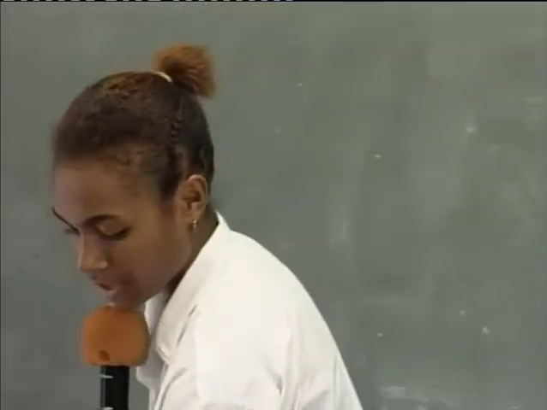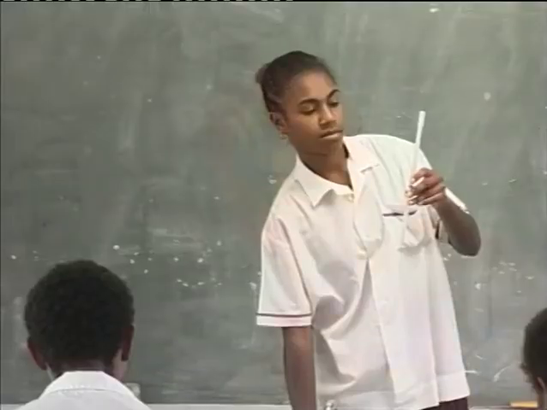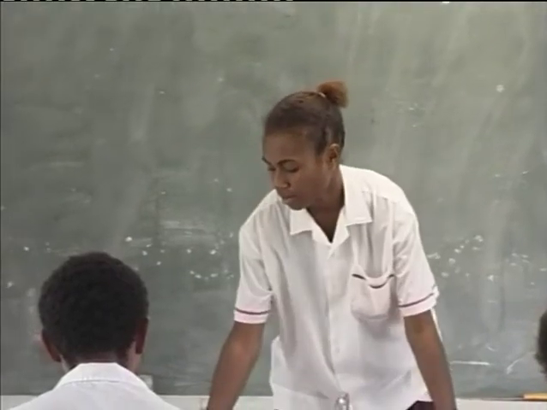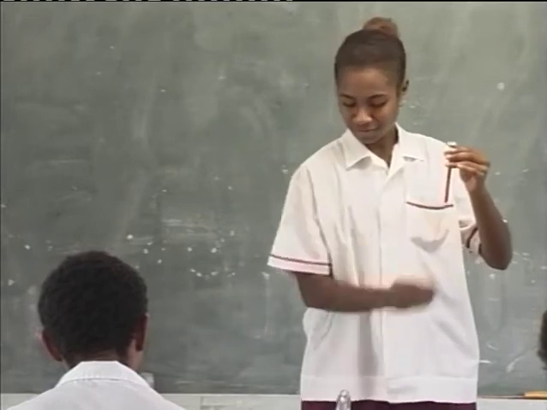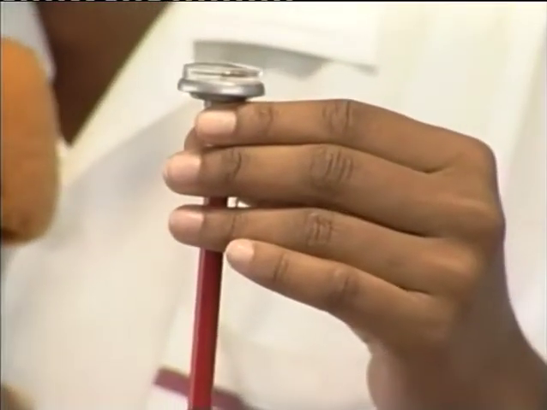Our group is going to present to you the thermometer. A thermometer is an instrument for measuring temperature, how hot or cold an area or place is. Although thermometers come in different shapes and forms, the liquid, usually mercury, is held in the bulb.